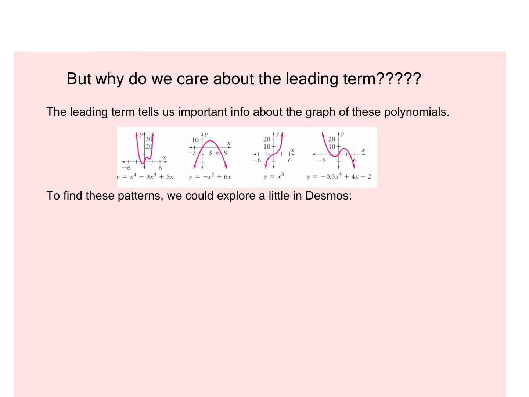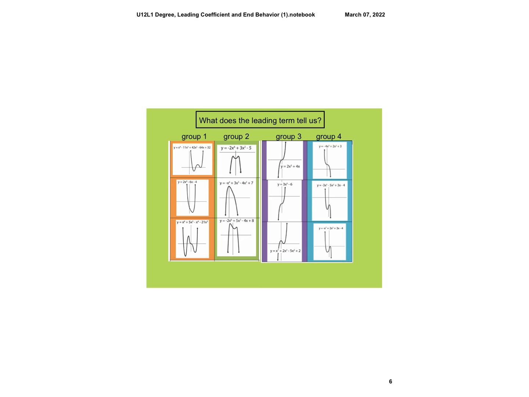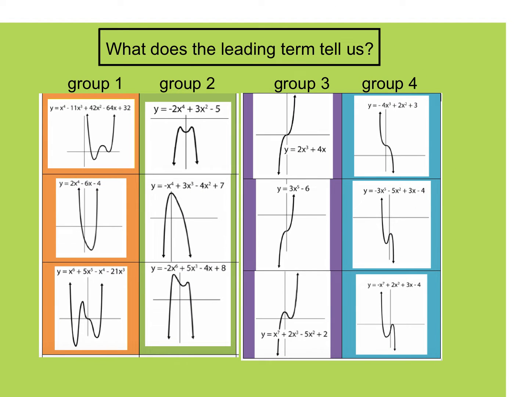So why is this important? Why is it important to determine the leading term, the leading coefficient, and the degree? Why does it help us? If you look at a pattern of graphs, you'll notice that the degree and the leading coefficient can kind of dictate or tell you what the end behavior of the graph is.